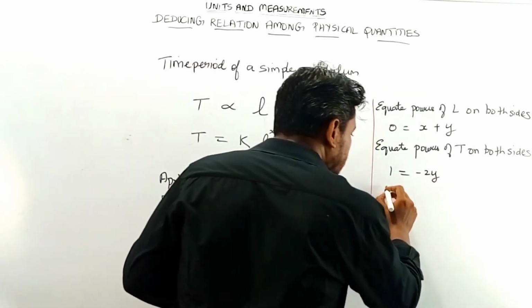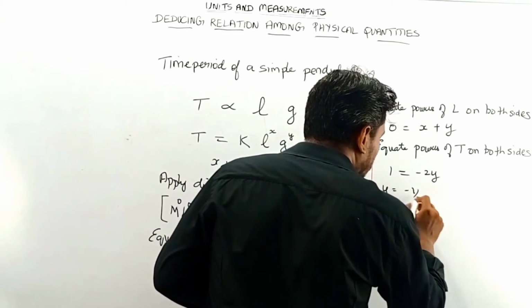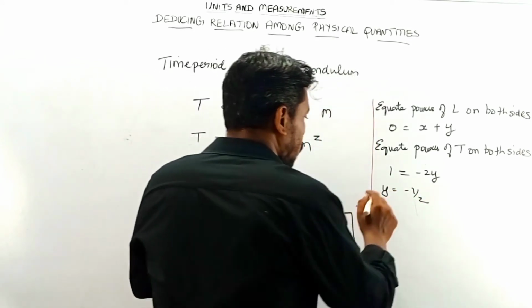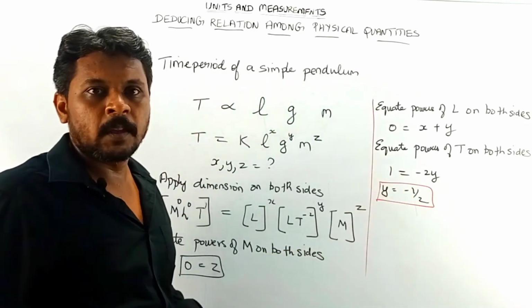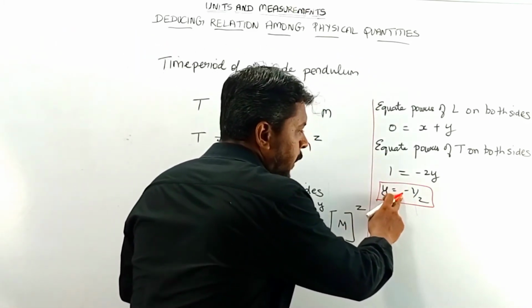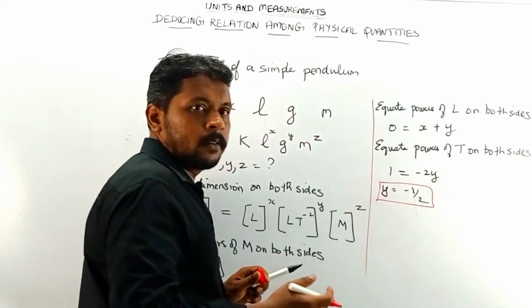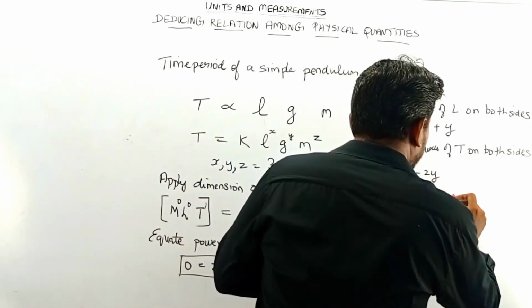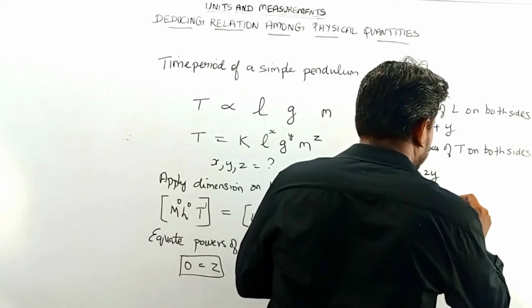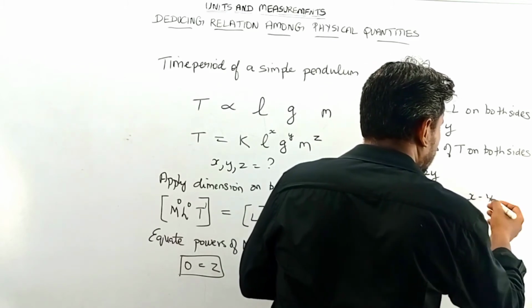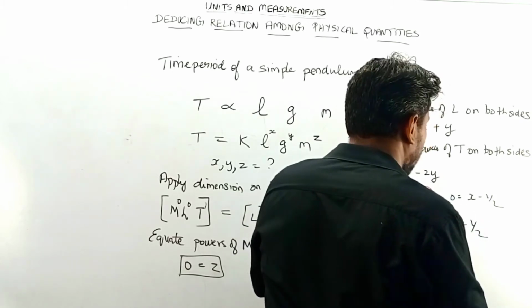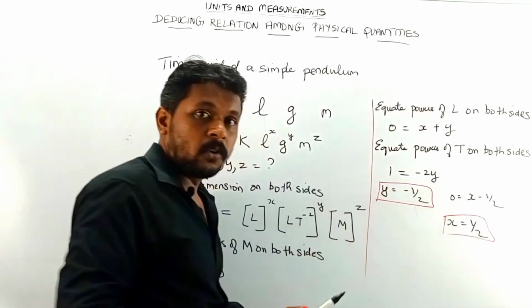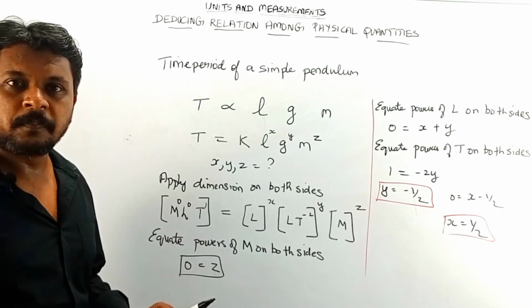From this equation, y is equal to minus 1 by 2. Substitute this value of y in the above equation: 0 will be equal to x minus 1 by 2. So x is equal to plus 1 by 2.